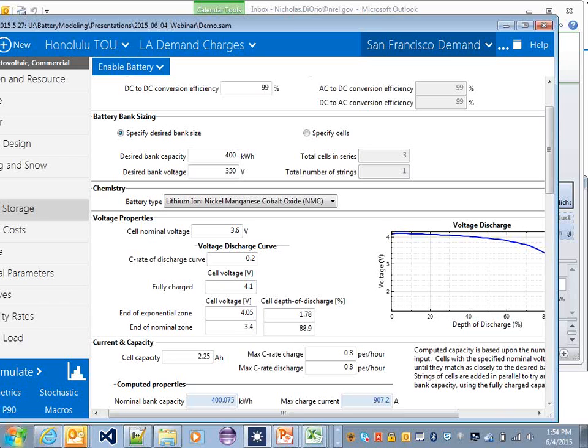There's another question here. Is the charging curve and voltage discharge totally dictated by battery chemistry? To my knowledge, yes. I'm not quite sure what else it would be dictated by. It's dictated by battery chemistry as well as how fast you discharge the battery. If you discharge the battery at a very slow rate, the discharge curve will look much different than if you try to dump the whole battery capacity within half an hour.